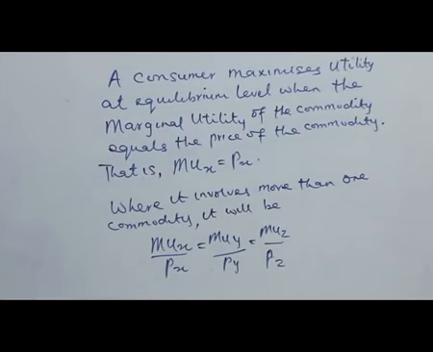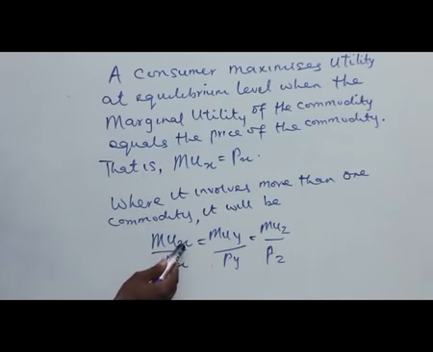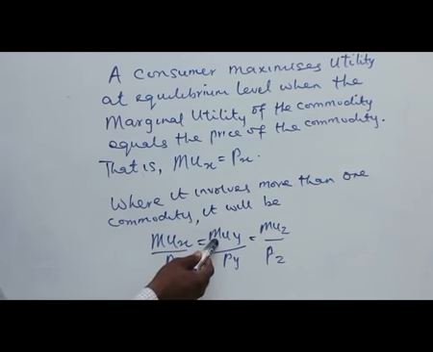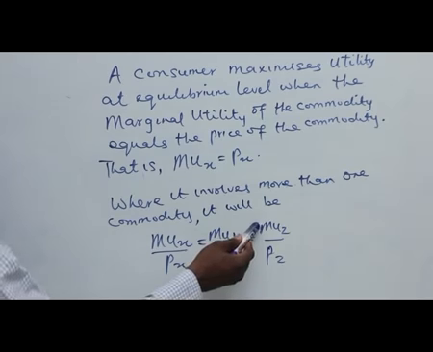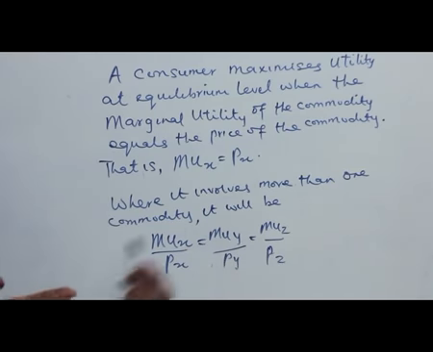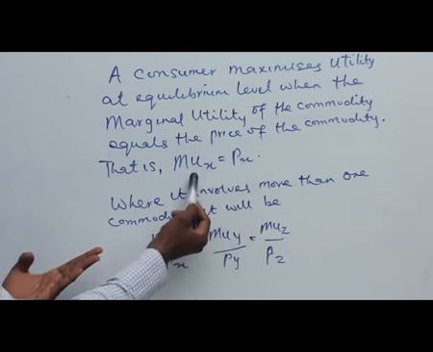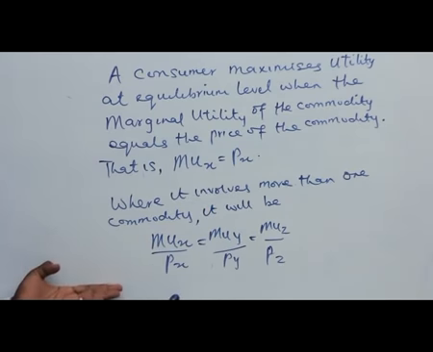But where it involves more than one commodity, it will be marginal utility of commodity X divided by price of commodity X, equal to marginal utility of commodity Y divided by price of commodity Y, equal to marginal utility of commodity Z divided by price of commodity Z. So you observe that we are dividing the marginal utility of each commodity by its price. So for the consumer to be at equilibrium, the marginal utility of the commodity must equal the price of the commodity.